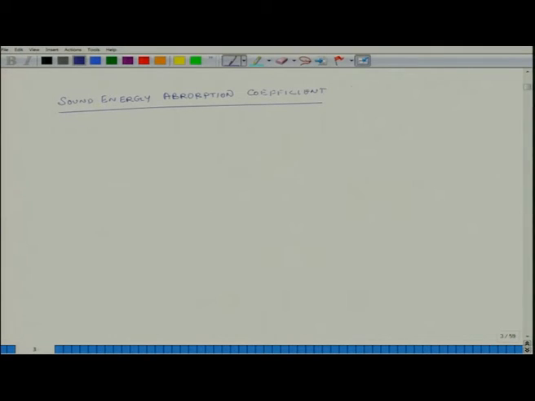This is typically expressed as alpha. Suppose I have a plate, let us say the plate is extremely large, infinitely sized, and this plate could be of any material, it could be brick or curtain or glass or whatever, and I throw sound at it. So, sound comes from here, this is my source, and it gets reflected.